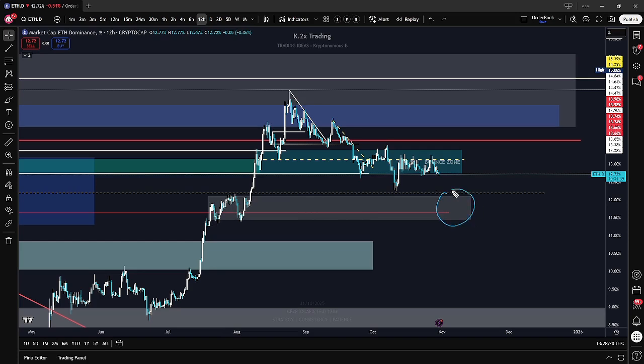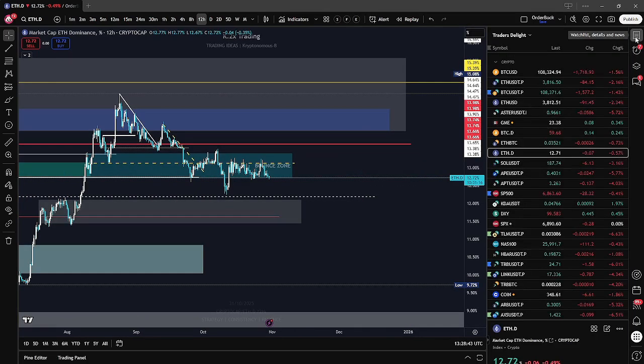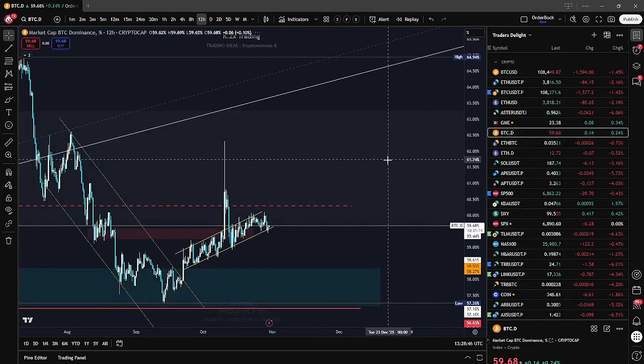But this would be the area where Ethereum would start to grab some of its strength back, and that would go along with the zone that I'm talking about on Ethereum, saying the opportunity might be a lot better on Ethereum to pop up, because Ethereum will be taking a run, no doubt about it. I don't care if it's going to be a day, a month, or whatever. It's going to take its run, right?